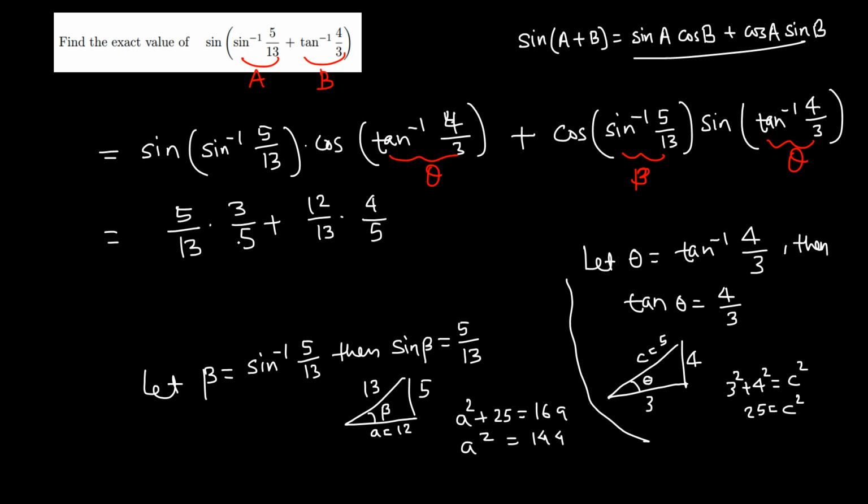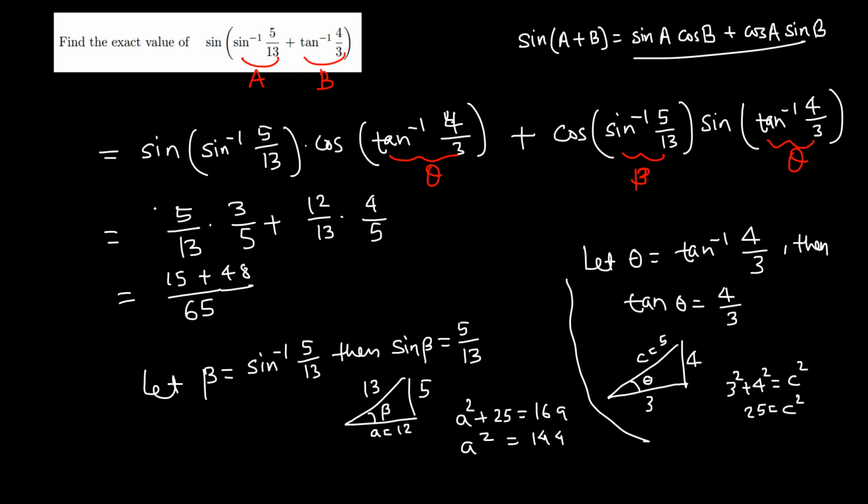Now we multiply these two fractions, and the same here, and add these two fractions. When we multiply the bottoms and tops, in fact we can cancel 5 from top and bottom, but look at the bottoms: 13 times 5 is 65, 13 times 5 is 65. So 65 is the common denominator. 5 times 3 is 15, plus 12 times 4 is 48.